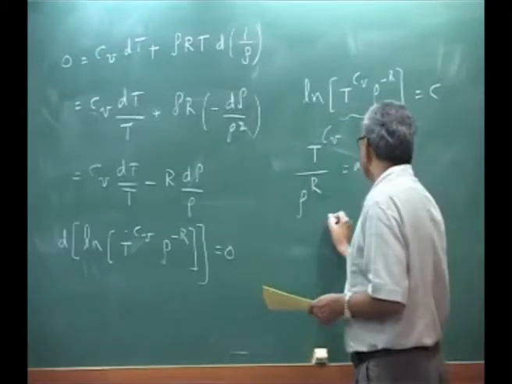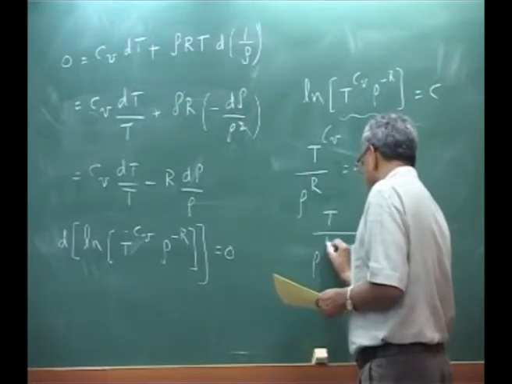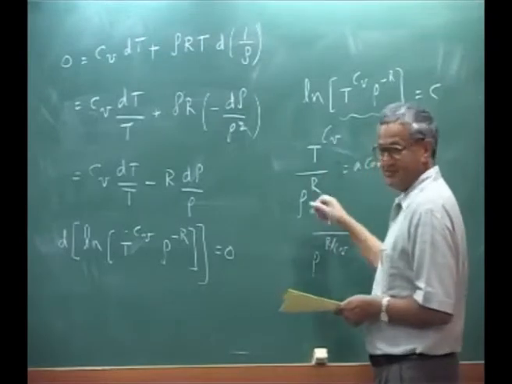I will show that this is T over rho to the power R over cv, because I am taking 1 over cv.